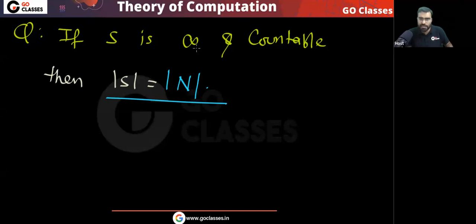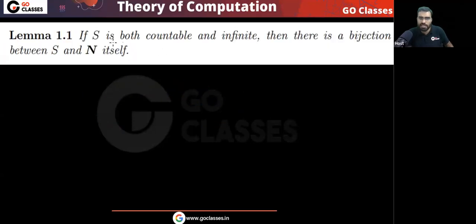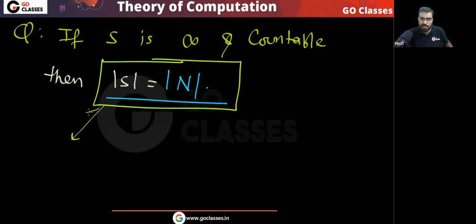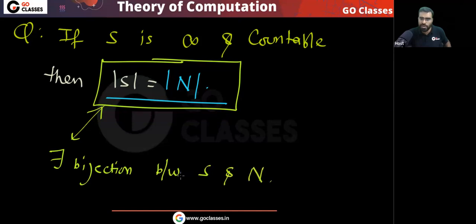If S is both countable and infinite, then there is a bijection between S and N. You already know the definition of this statement. This simply means there exists a bijection between S and N.